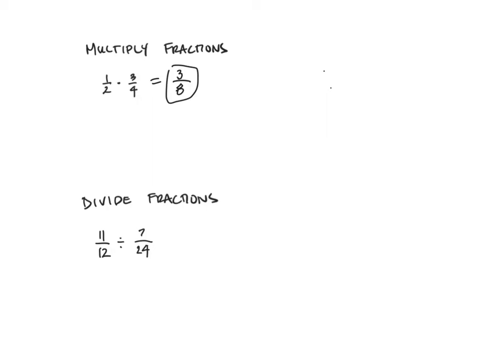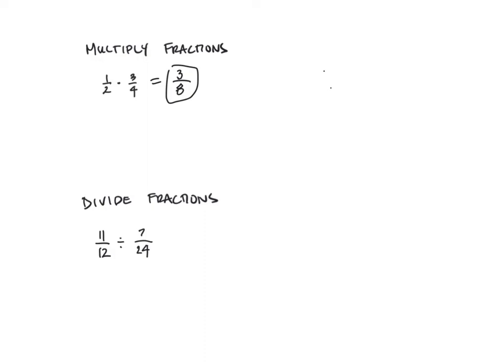Now dividing fractions, you're looking for, in this case, how many 7/24 are in 11/12. And so that's a little hard to visualize. You can visualize it with a little diagram, but it takes a long time to do that.